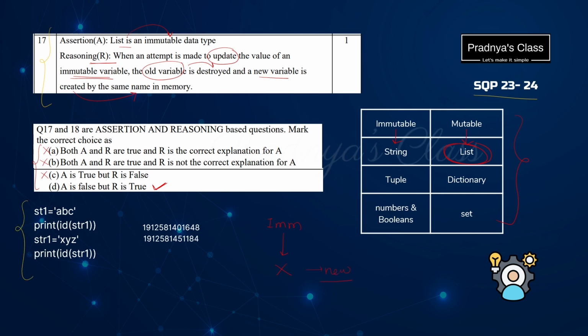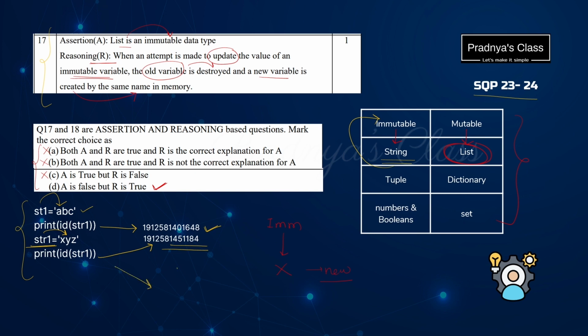We have considered a string, which is an immutable data type. Then we are trying to print the memory location of the string variable. So we got this number. Then we try to change the content of the same string. After changing the content, when we try to print the memory address of that str1, we can see here the number is changed. The address is changed.